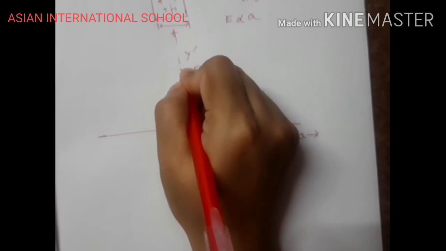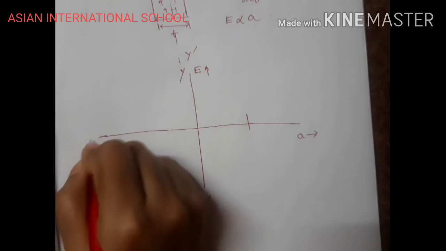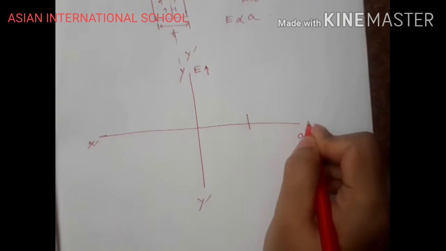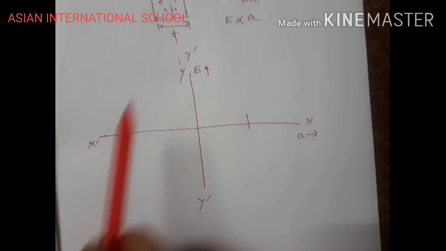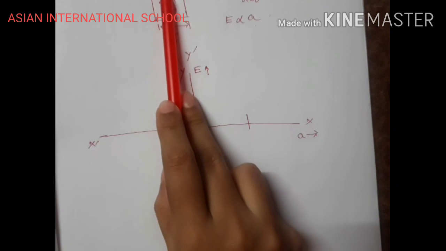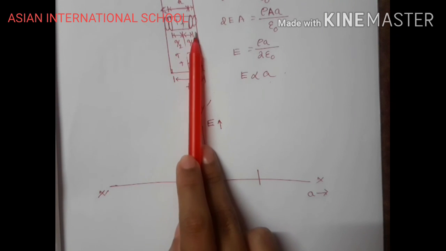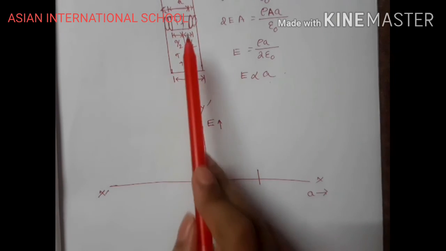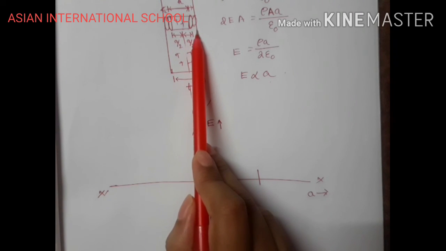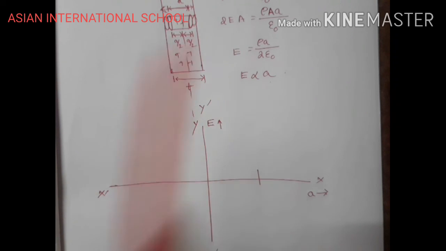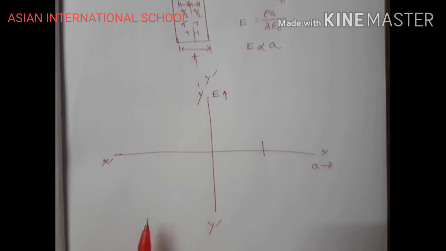This axis is y dash and this is x dash x. So from central axis, as you move A by 2 distance away, electric field becomes maximum. Electric field keeps on increasing, then comes to the surface and it becomes maximum, and that is the value which remains constant outside the surface as well.